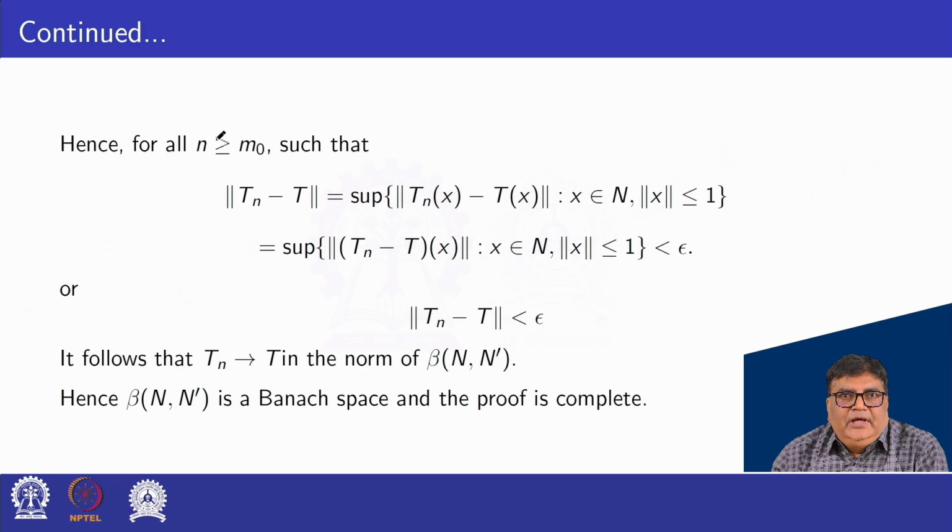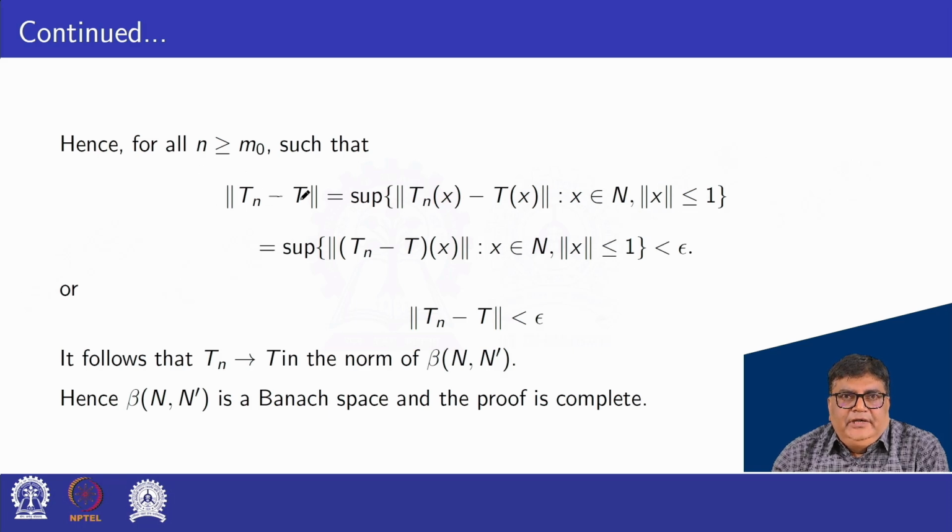Hence, for n ≥ m0, ‖Tn − T‖ equals the supremum of ‖Tnx − Tx‖ such that x belongs to N, ‖x‖ ≤ 1, and this is less than epsilon.